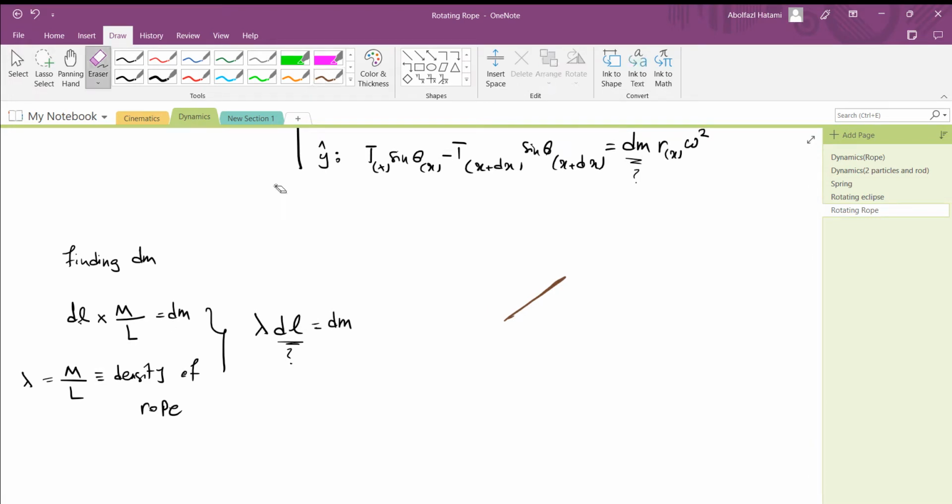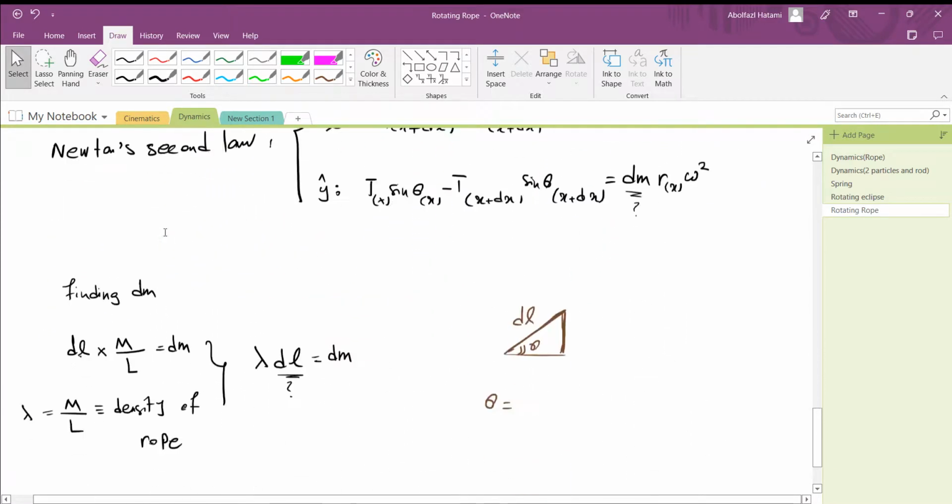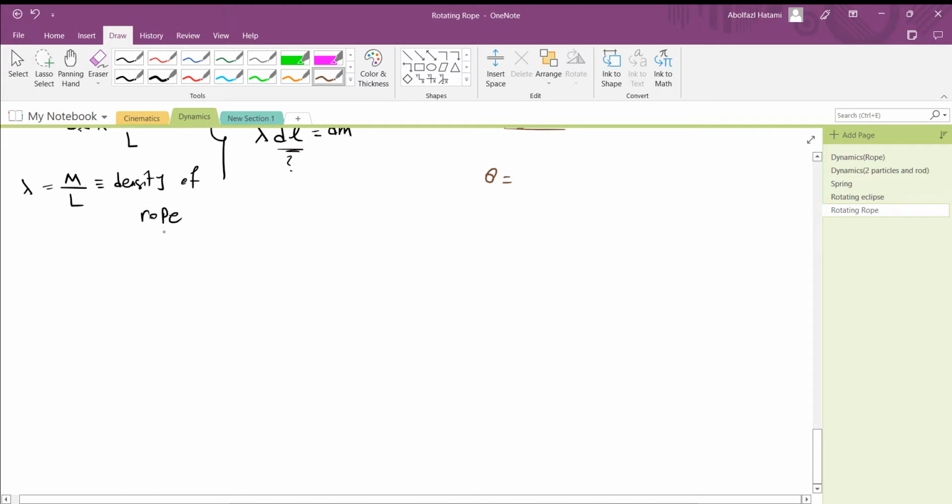I suppose that you know how to do calculus, but I just want to write it as a review. So consider that this is dl, and here we have theta, and suppose that we have a function here.